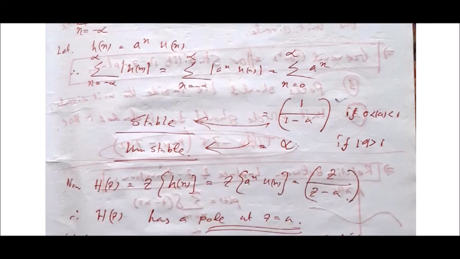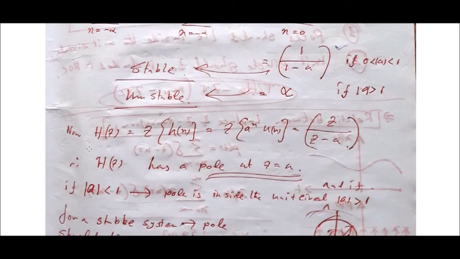So it is a simple GP series. If your a value is between 0 and 1, this will converge, that means it will have a finite value. For magnitude of a greater than 1, it should not converge, it should be a non-convergent series, it should be unstable, and its value should be infinity.